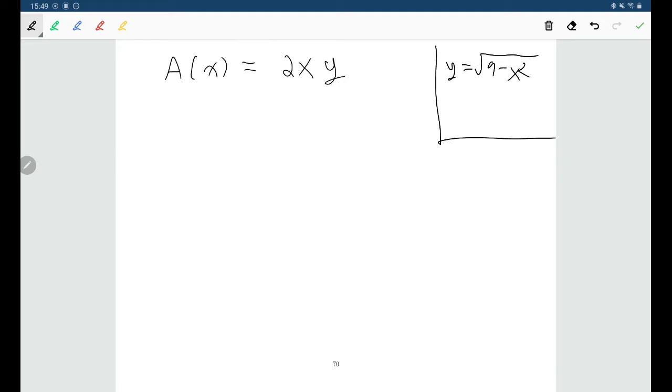Y should be equal to the square root of 9 minus x squared. So that means that the area for my rectangle should be 2x times, instead of y, the square root of 9 minus x squared. There we go.